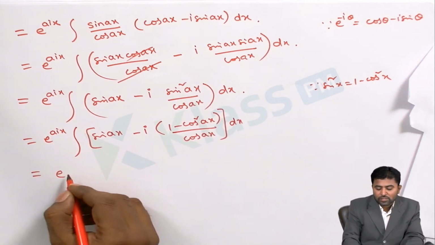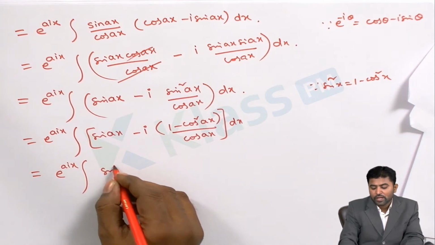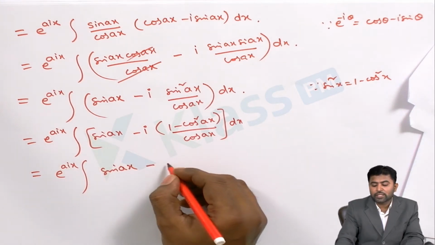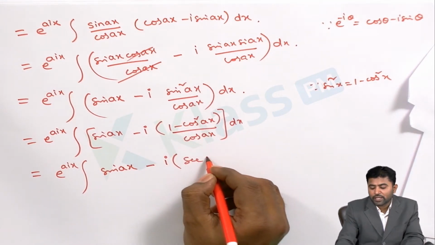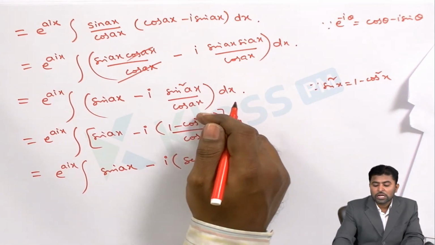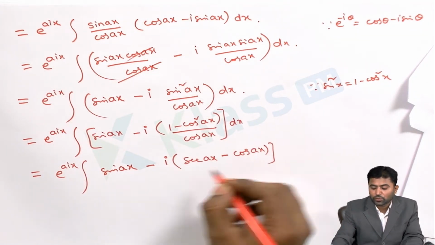Then again solving it, we get e power aix sin ax minus i into 1 by cos, which is secant ax, minus cos square by cos, I'll get that as cos ax into dx.